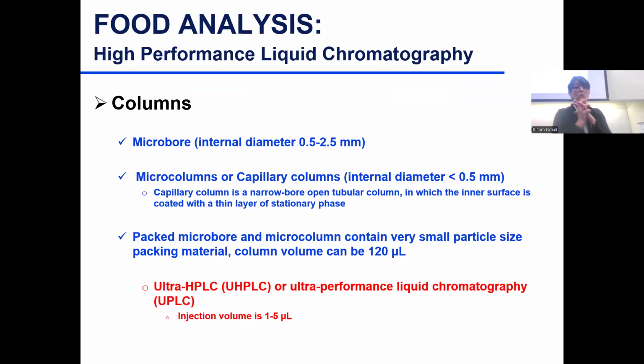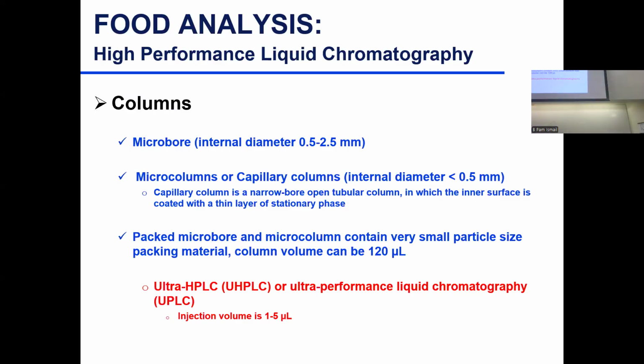All right. So there are different types of columns. We have something called microbore and microcolumns. Microbore has to do with the diameter, which is between 0.5 to 2.5 millimeter. Anything smaller is a microcolumn or a capillary column. Both microbore and microcolumns are packed, meaning the column is fully packed.